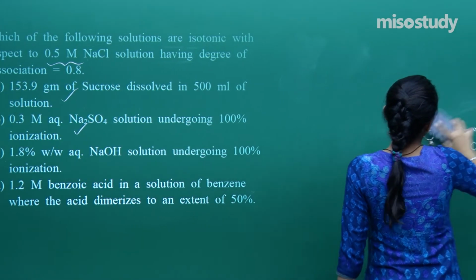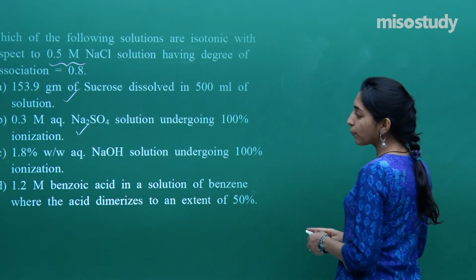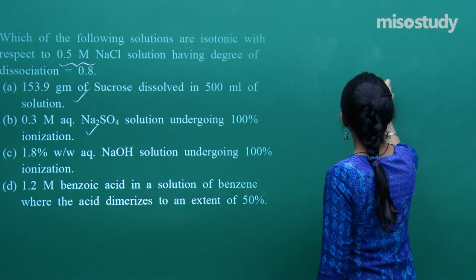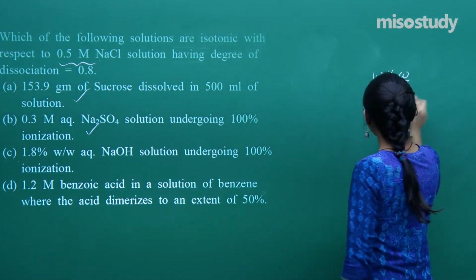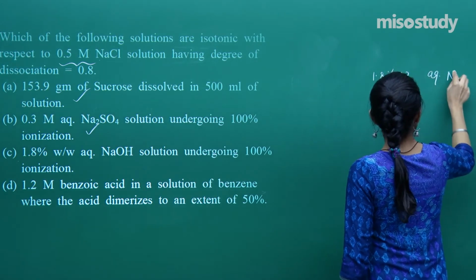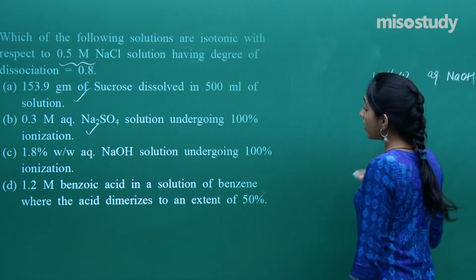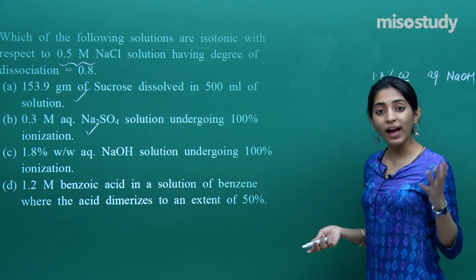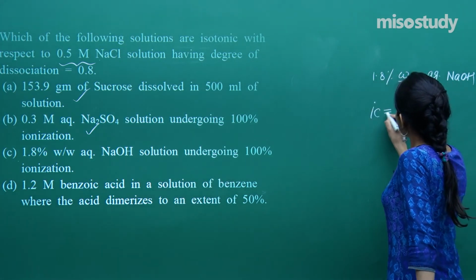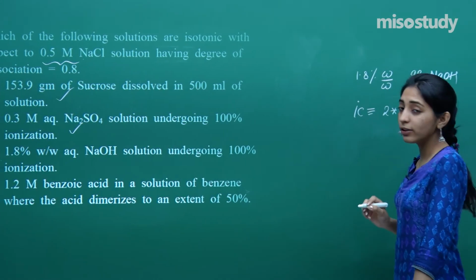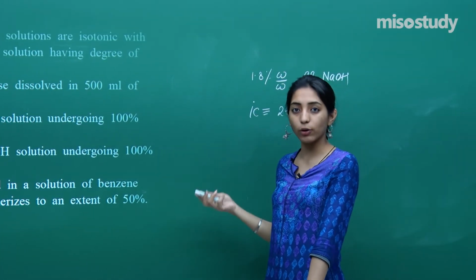the third part, 1.8% W by W, weight by weight, of aqueous NaOH undergoing 100% ionization. So we need to get the iC value. So i for sure will be 2 because NaOH will give Na plus and OH minus.